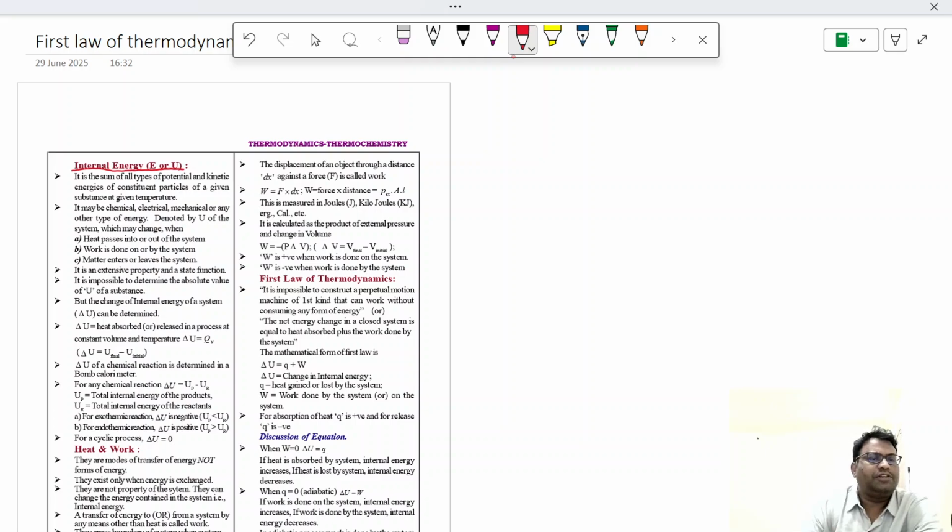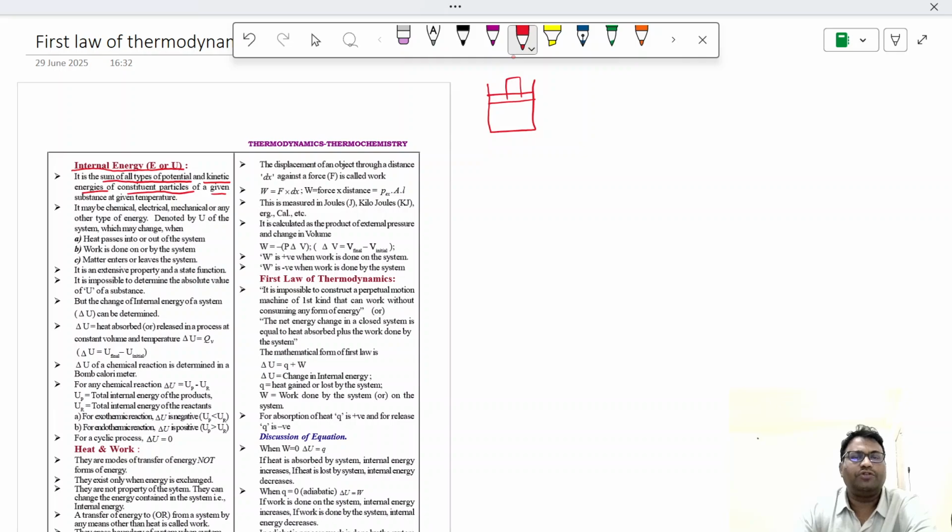It is the sum of all the types of potential and kinetic energies of the constituent particles of a given substance. For example, let us take a gas enclosed in a cylinder. The gas is composed of gas molecules.